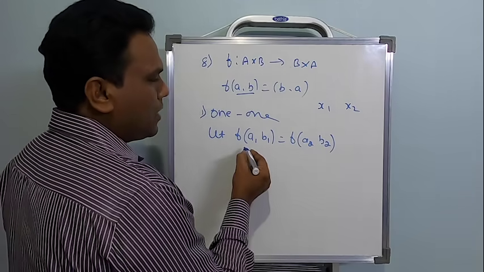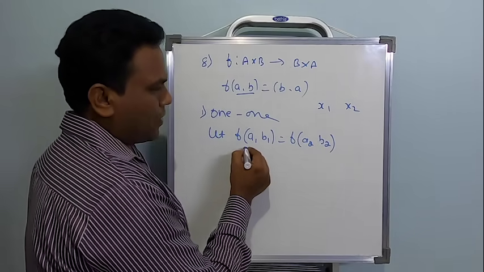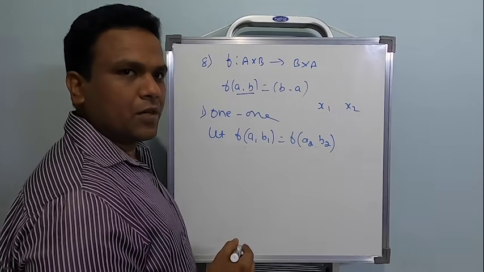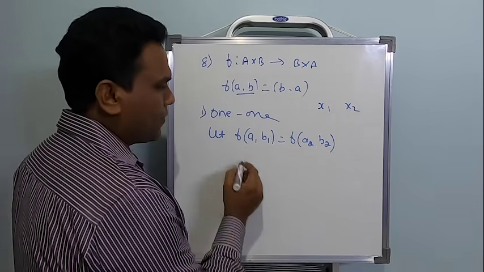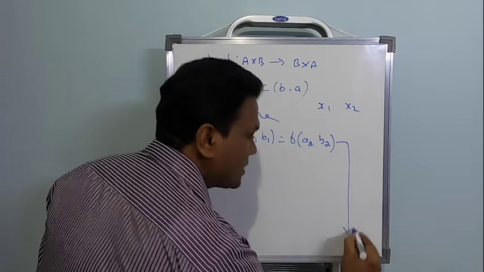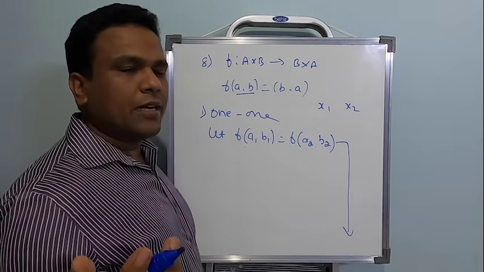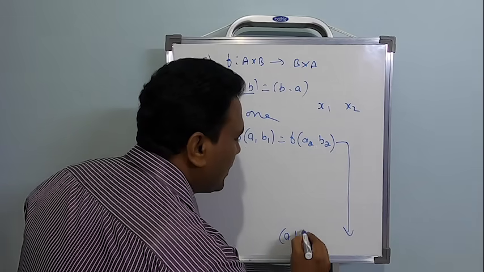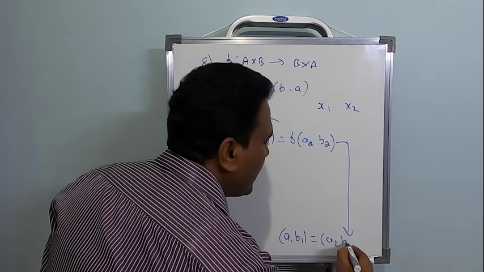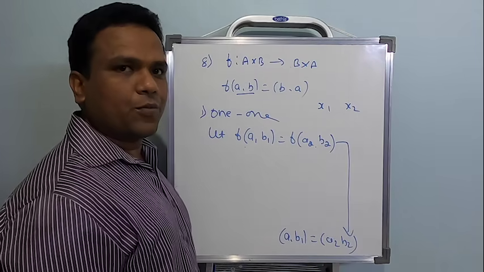So I started with something like f of x1 equal to f of x2. If this is 1-1, then I should be able to reduce, right? Finally I write the conclusion. It's actually 1-1 we need to prove, because it's a show-that one. Finally I should be able to prove (a1, b1) is equal to (a2, b2). This is what I need to prove, right?